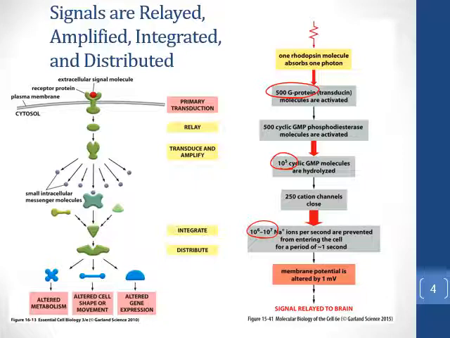Now, we already know what's going to happen when a sodium ion enters the cell. It's going to change the membrane electric potential because it's positively charged. So the end result here is going to be a change in membrane electric potential. So this is a wonderful example of amplification. It's also a great way to see exactly how these signaling pathways work. Our signaling molecule in this case was light. Our receptor in this case was rhodopsin.